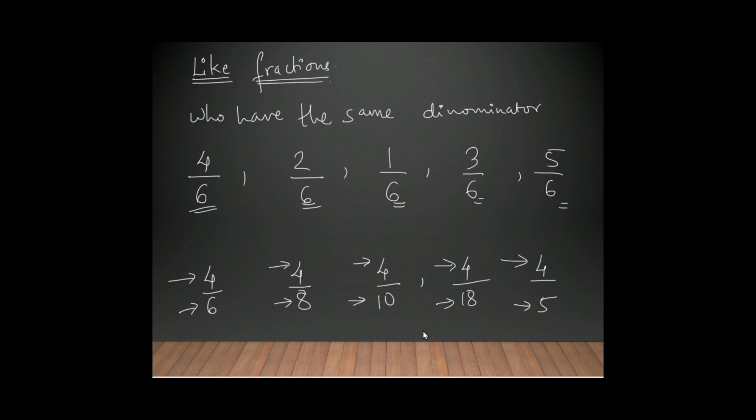So when you have different denominators, these fractions will be called unlike fractions. Okay, so we have like fractions with same denominators, even if the numerators are different, that's fine. We have unlike fractions where the denominators are different.